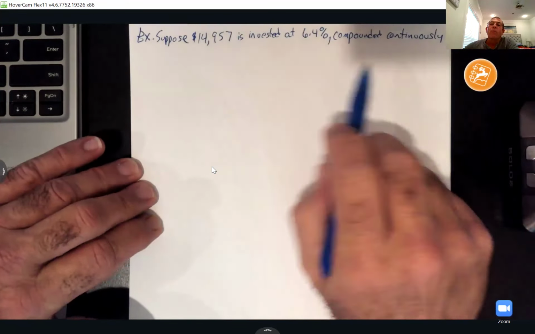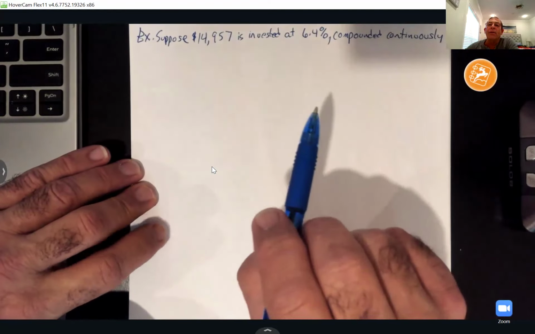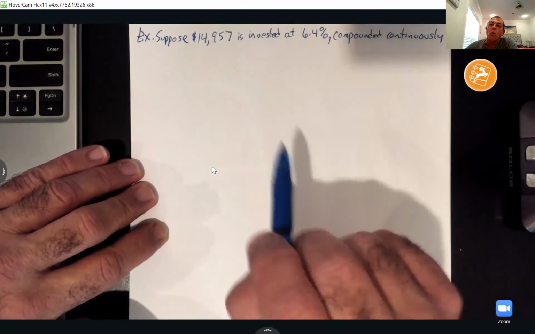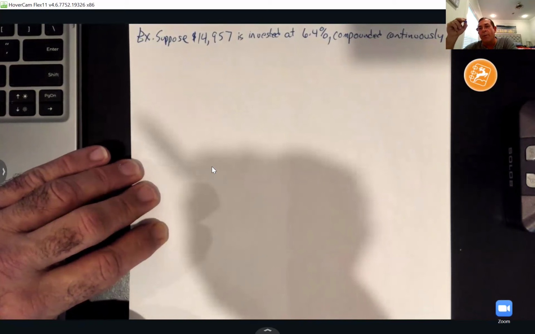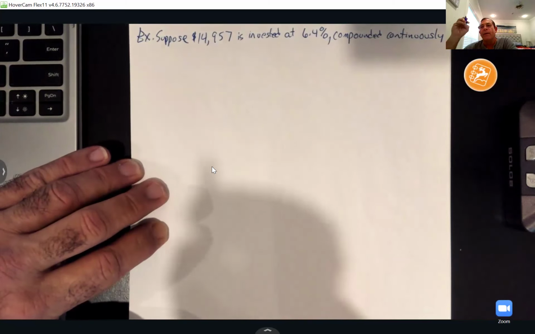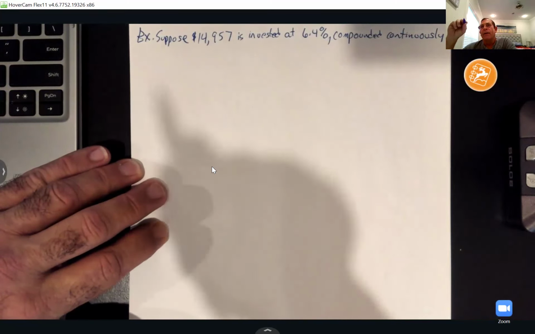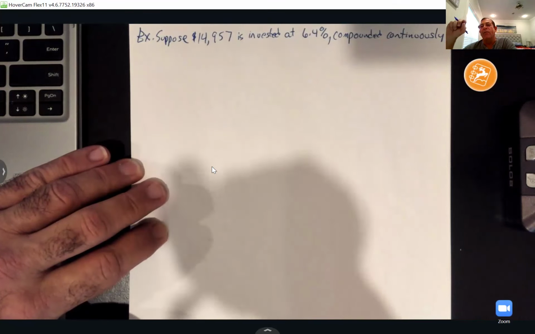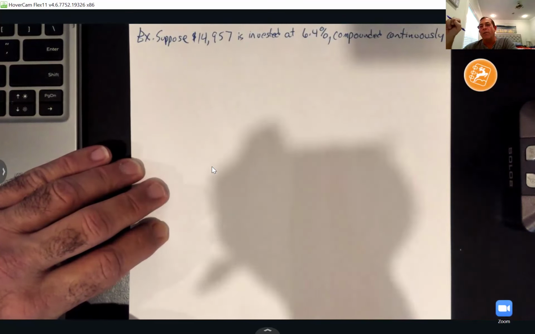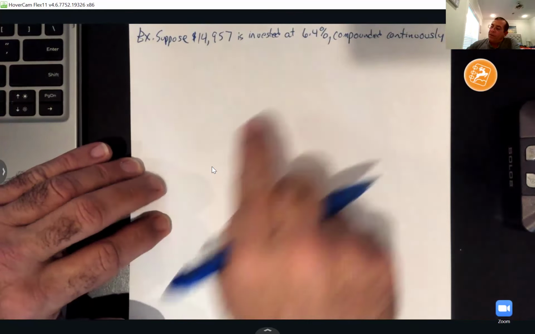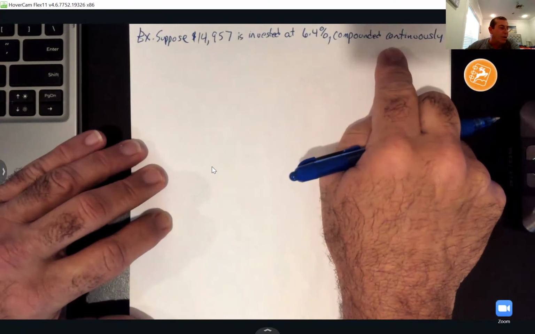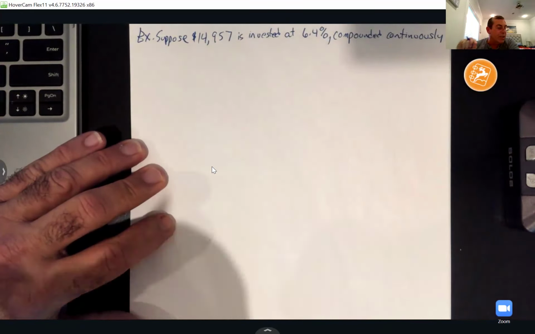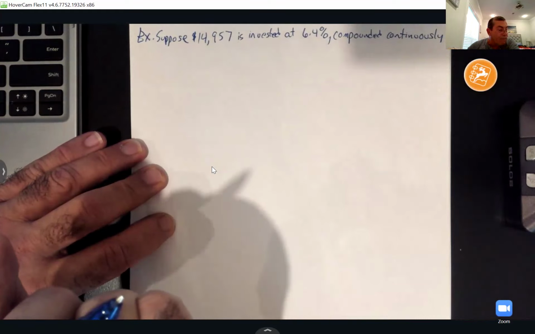Now, when we had daily compounding, semi-annual, quarterly, we used the other formula where I had my beginning amount, then I had the 1 plus R over N. Well, this is continuous compounding. We used the formula we just came up with a while ago.